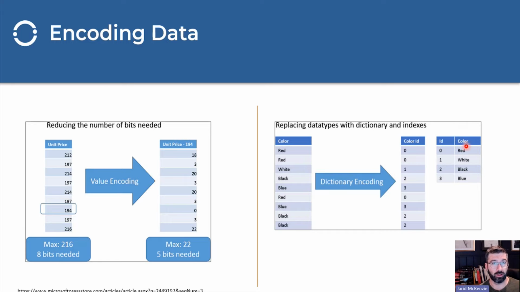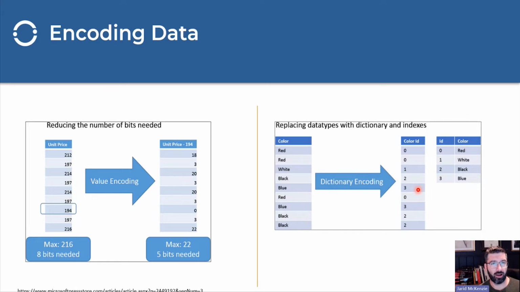So rather than storing the words red, white, black, and blue, we just store the numbers 0, 1, 2, 3, and then it is a lookup to a table. What's nice about something like this is that when we're actually trying to use this in the context of analytics, oftentimes I just want to filter this table, which passes over to this encoded ID column and allows me to say, okay, filter just down to the number 1s, or filter down to the number 3s, or maybe the number 2s and 3s.